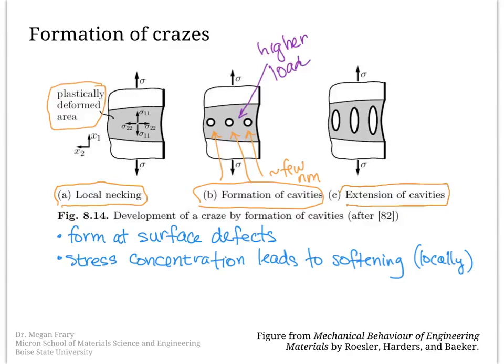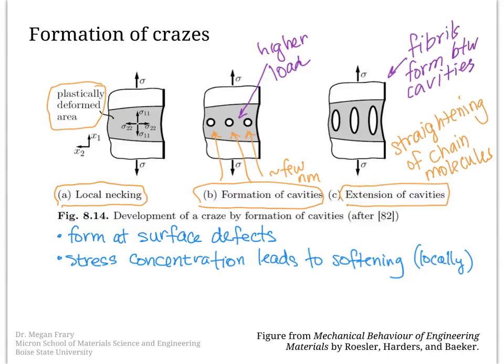So then the cavities are extending, and in the areas in between the craze, we're seeing the straightening of molecules. The last step is that the areas in between the cavities turn into what are called fibrils. So let's take a look then at what the craze looks like and what the dimensions of this feature are in the material.